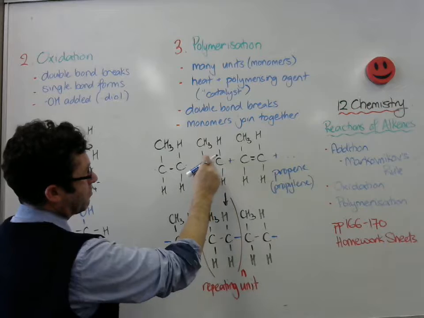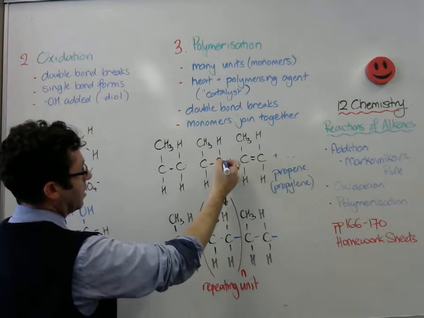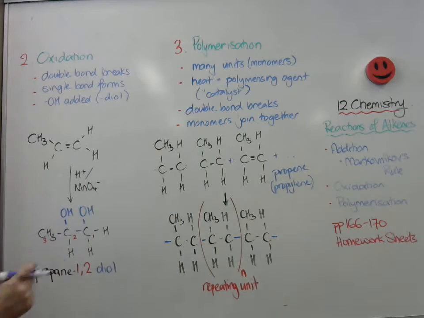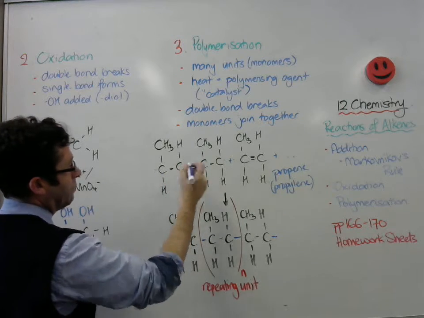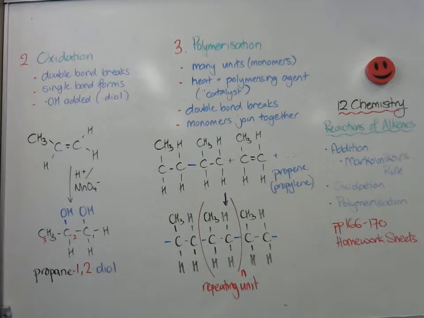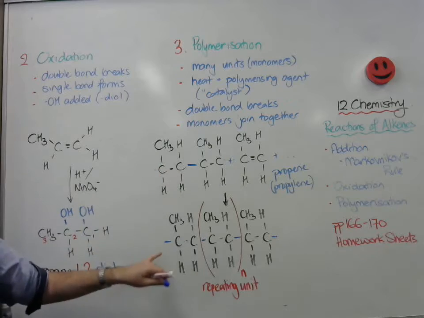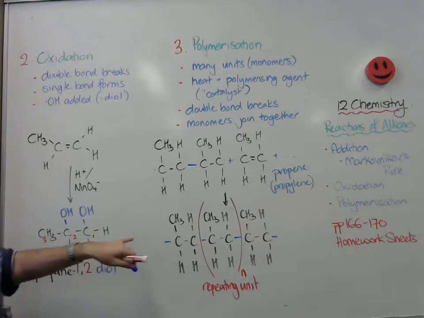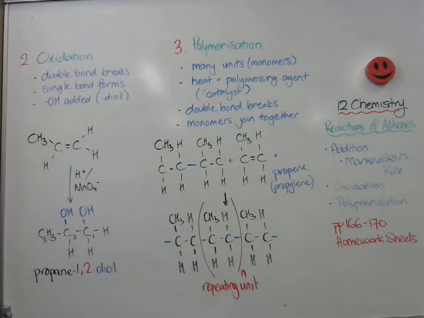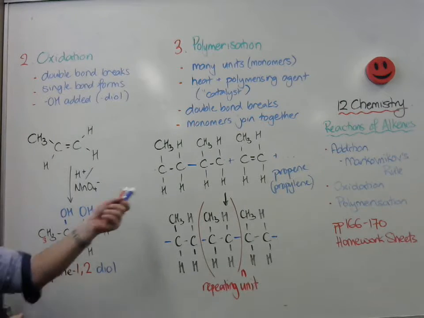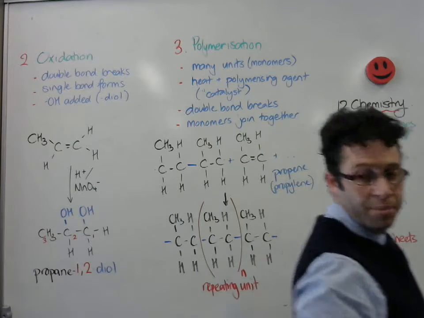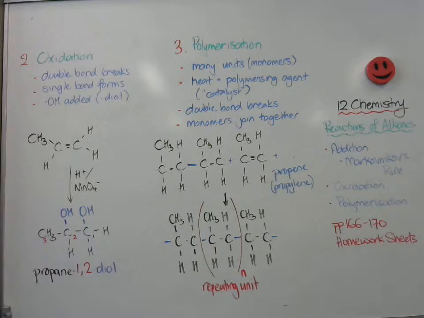That forces a neighbouring one to do the same thing. And when you've got two electrons in the same space, it forms a chemical bond. So this is what gets formed. And we end up with something that looks a bit like this. So the double bonds have become single bonds. I'm just going to put that back how it was.